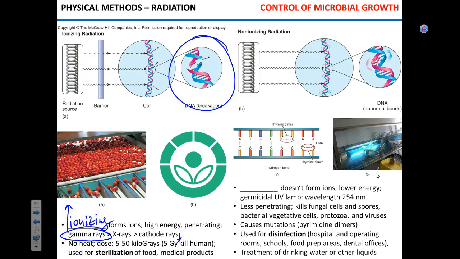The isotope, I think it's one of the cobalt isotopes, can be placed in the chamber, and those gamma rays can be focused on a certain space. And you can run a conveyor belt through that space and sterilize things that cannot withstand heat, like sterile plastic goods for operating rooms, for instance, like syringes, catheters, tubing. Does that make sense?